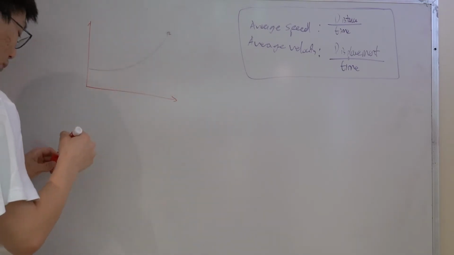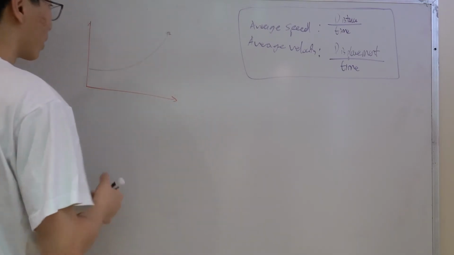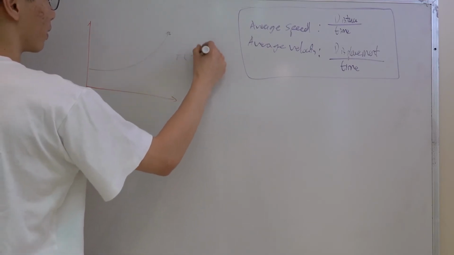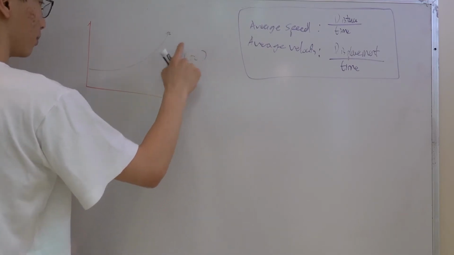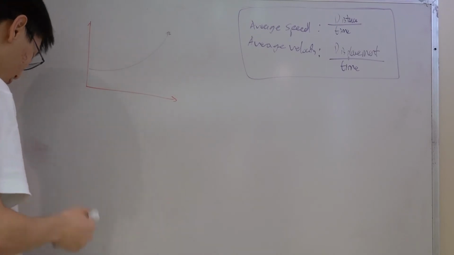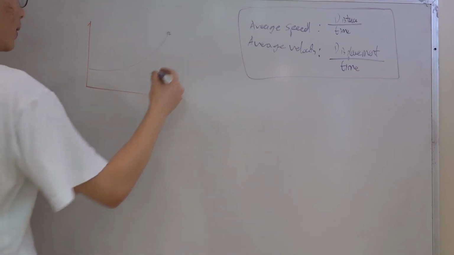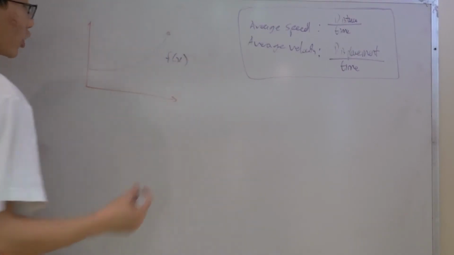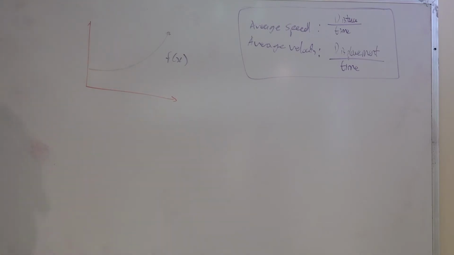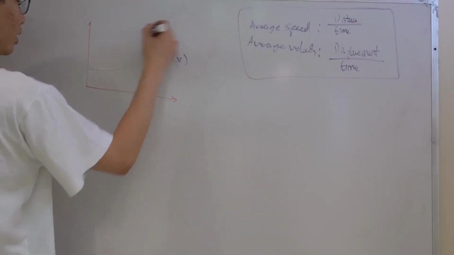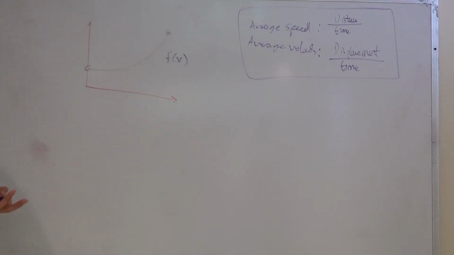If we think about this brown curve as a function, let's call it f of x. It is a function because it satisfies the vertical line test, of course. So what we can do is evaluate our function here and here. That's what we're interested in, right?